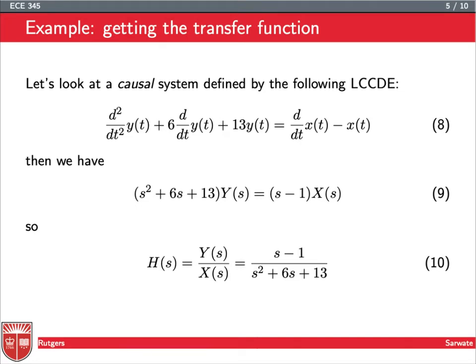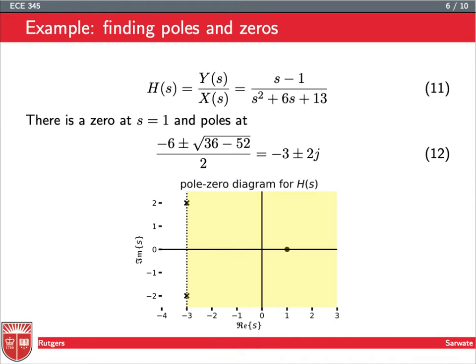Okay, so now we need to find the pole-zero diagram for this transfer function and try to understand what's going on. So we've got a zero at s equals 1. Then we have to use the quadratic formula on the denominator.